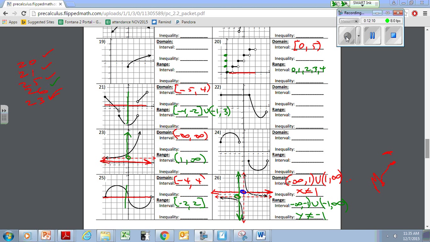All right, recording, let's pause that. On the interval version, if it goes from -infinity to positive infinity, that's all real numbers. We'll do the symbol version. X equals all real numbers, we use the capital R with an extra line in the middle.